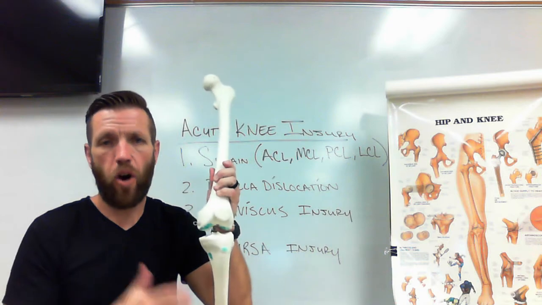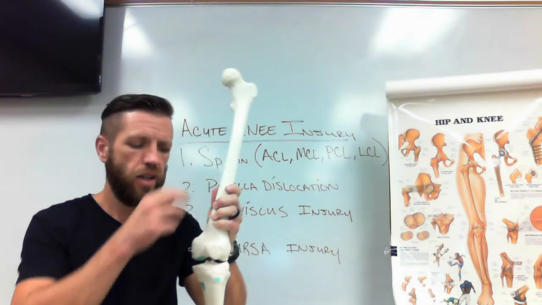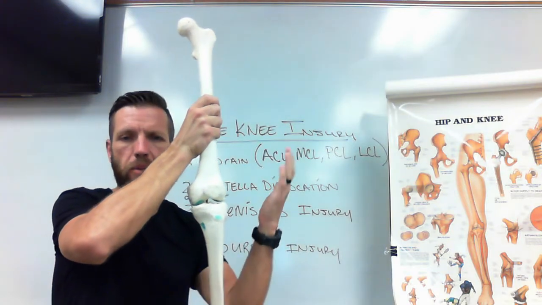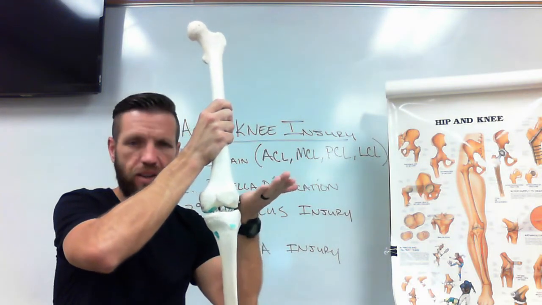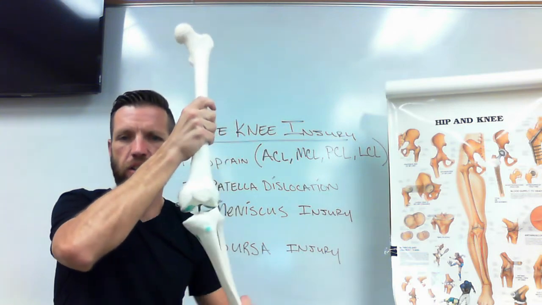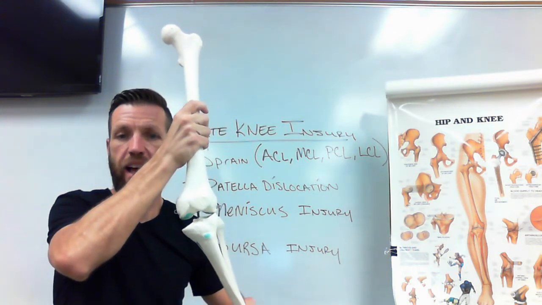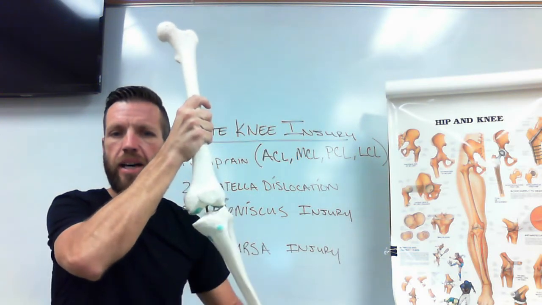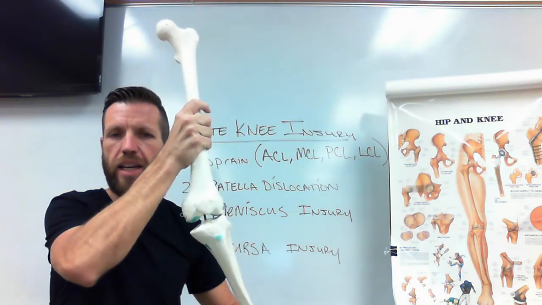And this happens almost the same way as an ACL. Typically, though, there's no rotation, or there's some kind of traumatic insult that occurs from the lateral side, causing that valgus motion to occur. Remember, that's the lateral movement of the distal segment. And so that tibia is now moving laterally.